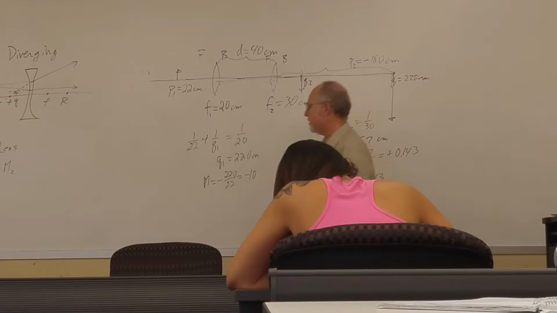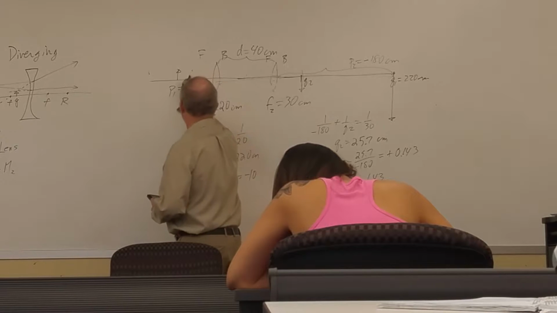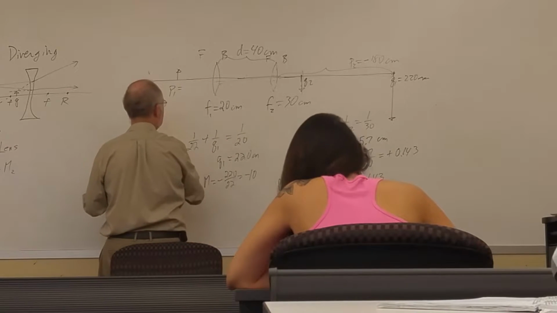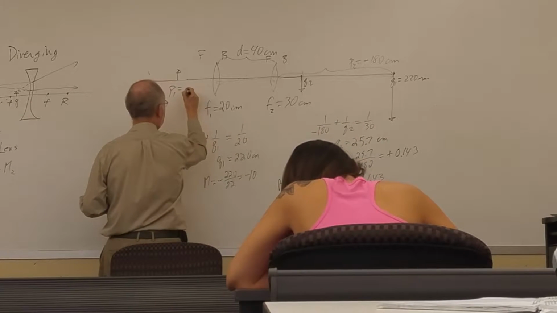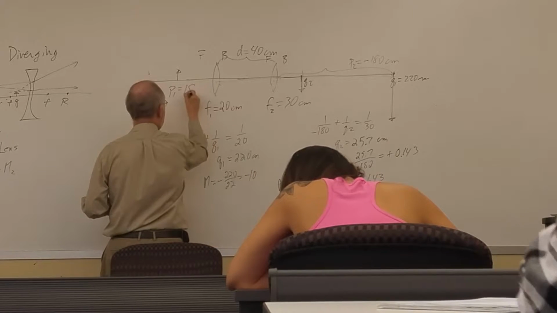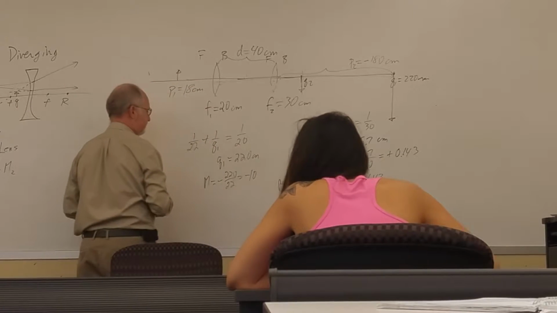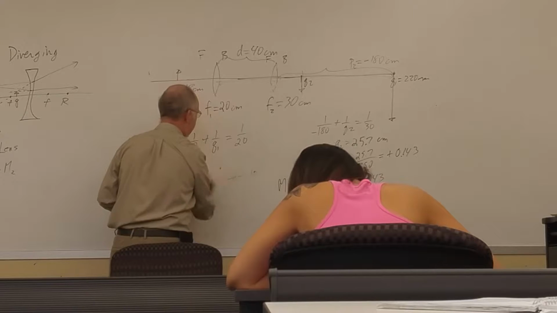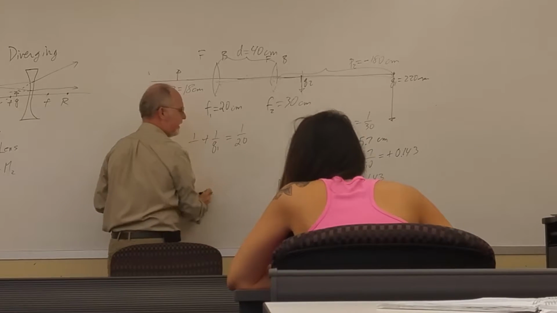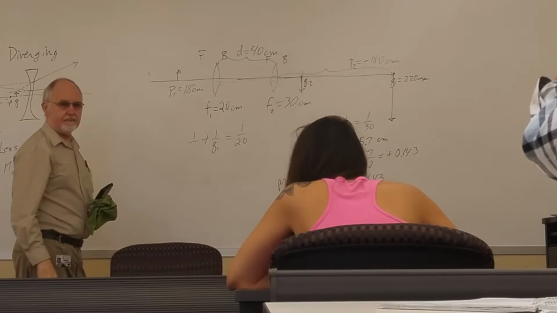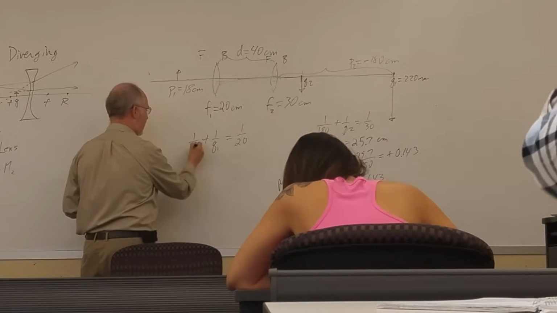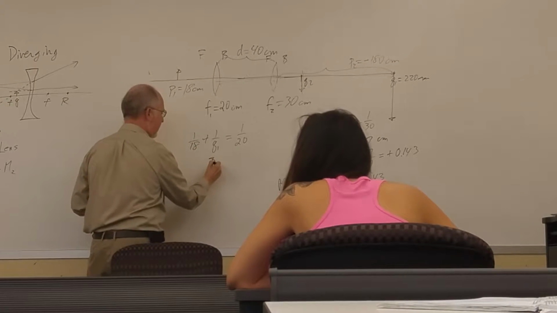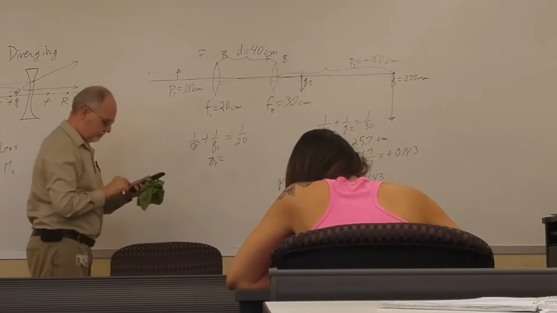The other possibility, what if I put this at, say, 18 centimeters? Well, now it's inside the focal length of that first lens. So I've got 1/18 plus 1/Q1 is equal to 1/20.